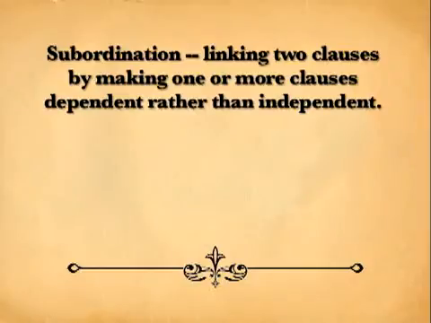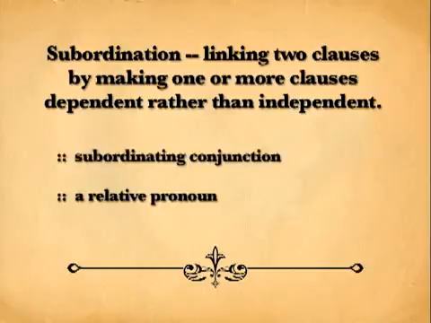Subordination joins two clauses by making one of the clauses dependent rather than independent. And we subordinate often through the use of a subordinating conjunction or a relative pronoun. Finally, we have our various sentence classifications. And the sentence classifications are going to be important because they give us a common language to talk about coordination and subordination and to talk about comma errors, which we'll be discussing in a later video. You have four key kinds of sentence classifications.